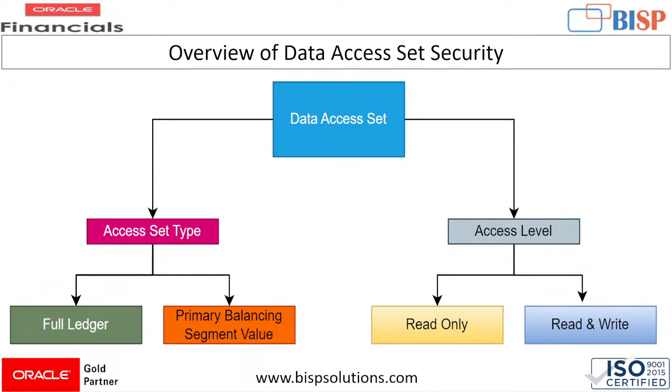You can also manually create a data access set to give read or write access or read only access to the entire ledger or a portion of the ledger representing primary balancing segment values.